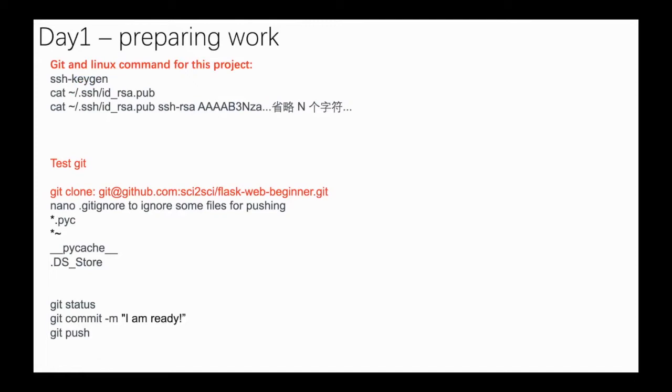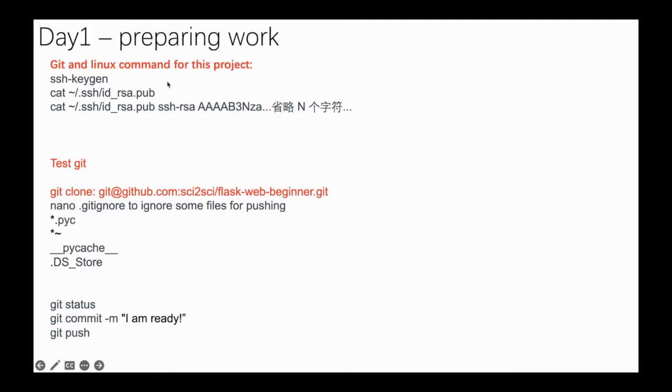Of course, in the next 40 days, we may use GitHub to manage your Python code. If you want to use GitHub and push your code from local to a remote GitHub, you need to use a key when you are using GitHub.